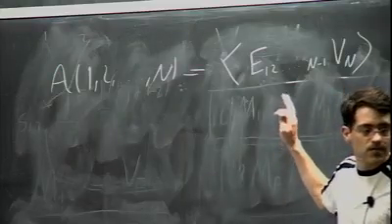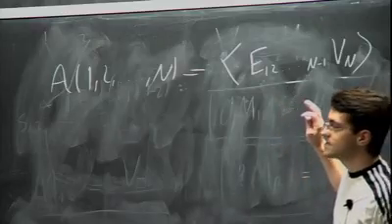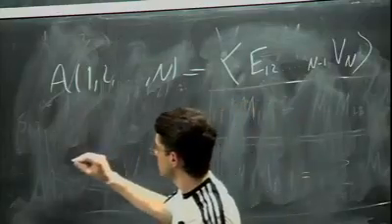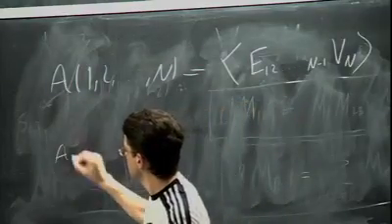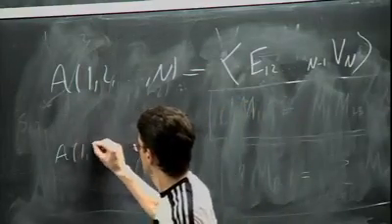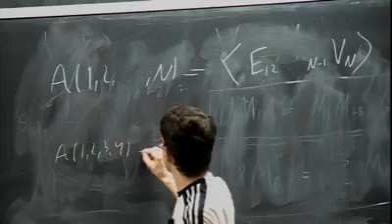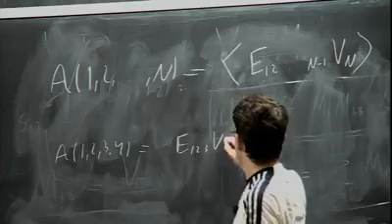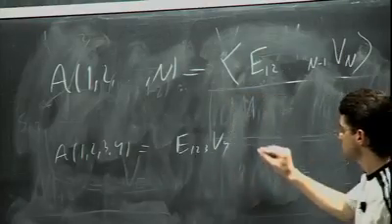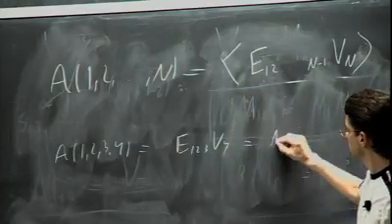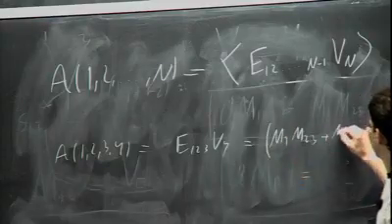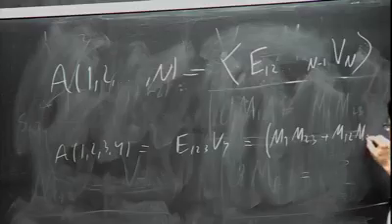Is that clear or too difficult to see? Let's see what we get, for example, for 4 points. 1, 2, 3, 4. That is E1, 2, 3, V4, and E1, 2, 3 is M1, M2, 3 plus M1, 2, M3, M4.